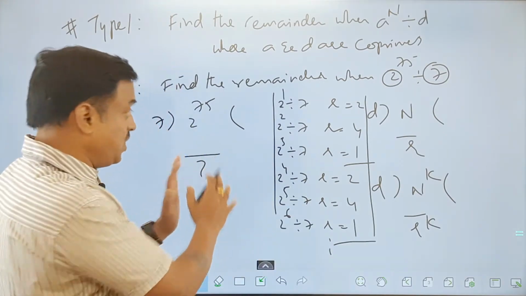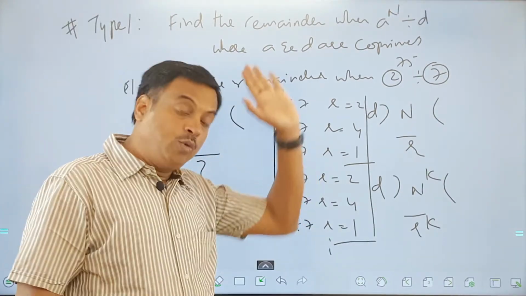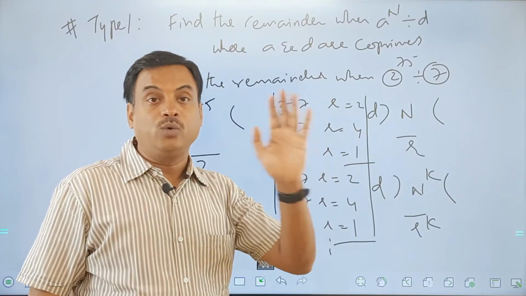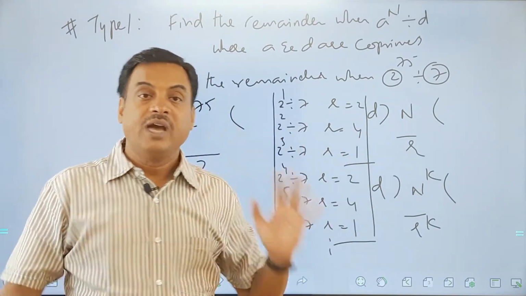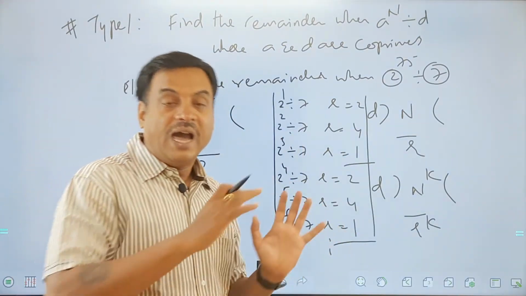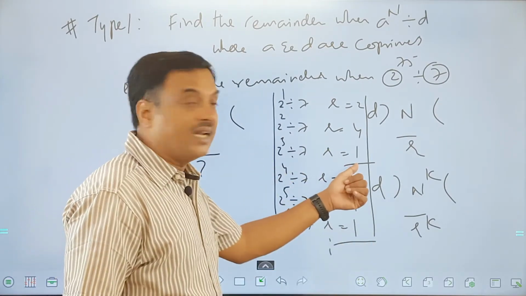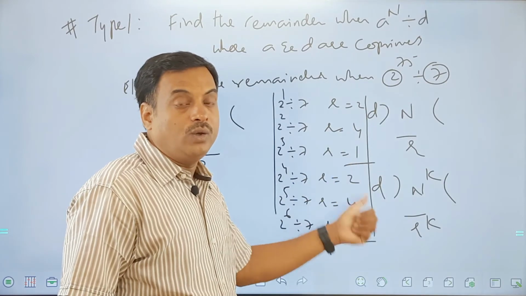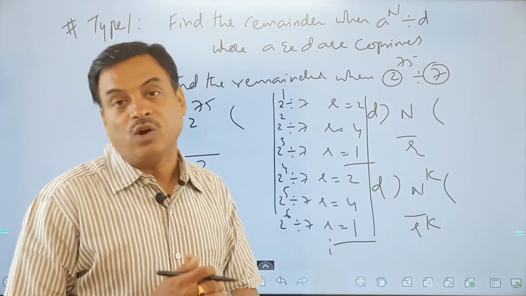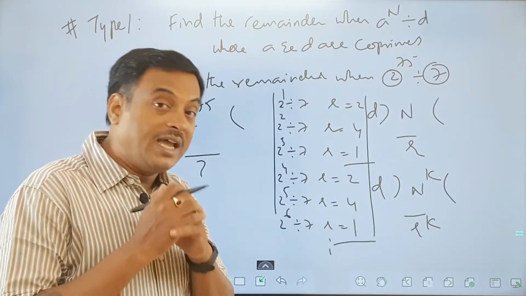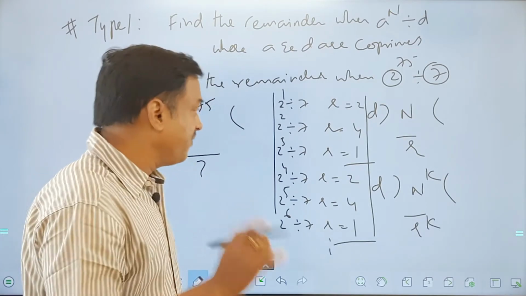So in this situation, I tried from 2 power 1, 2 power 2, 2 power 3, 2 power 4, 2 power 5, up to 2 power 75. I'll see, is there any cyclic order we have? And I found a cyclic order here. 2, 4, 1, 2, 4, 1 is a cyclic order here. Am I right? So what I observed, please listen to my words carefully.